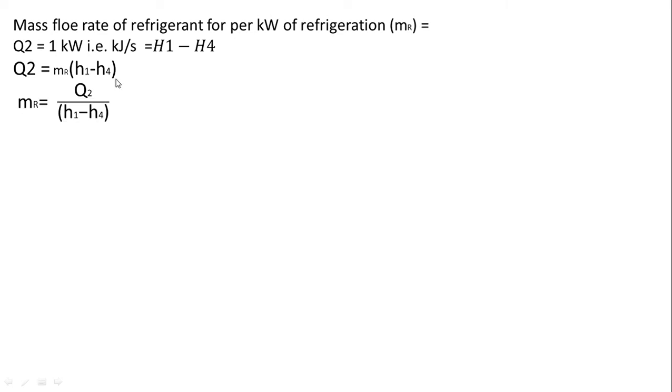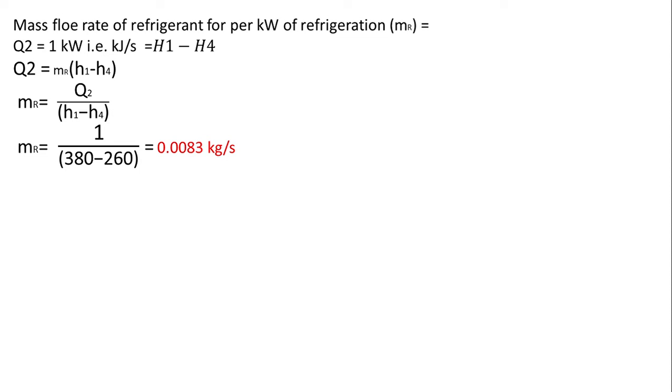So the mass of refrigerant is equal to Q2 divided by H1 minus H4. Putting in the values, 1 is the given value, 380 minus 260, so that comes to near about 0.0083 kg per second.